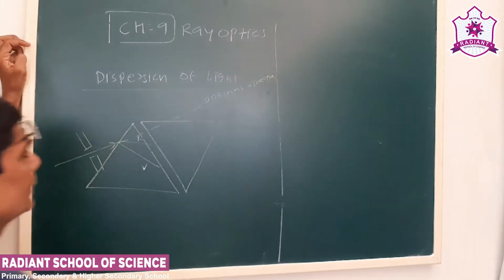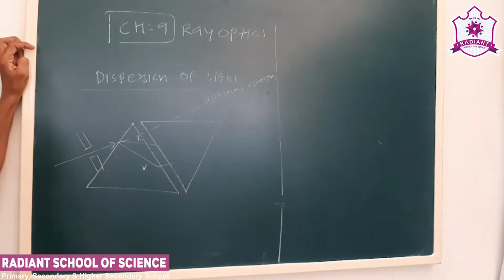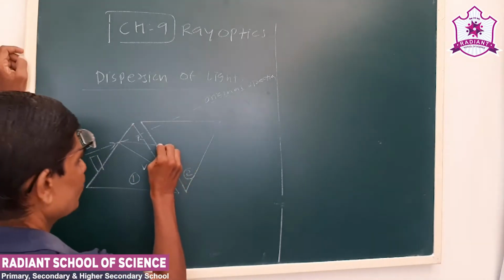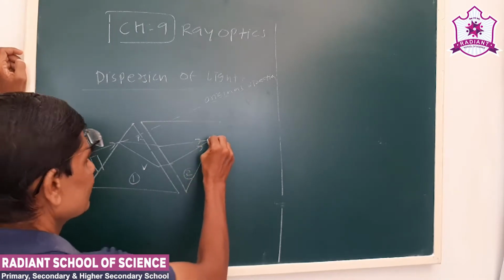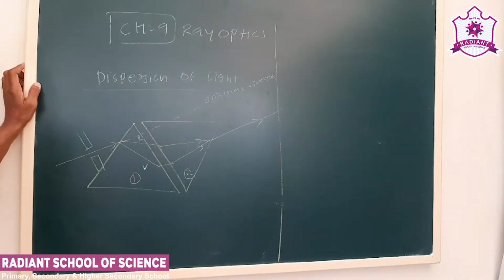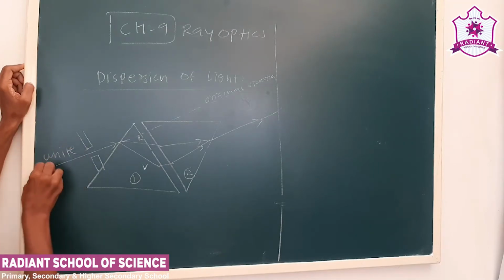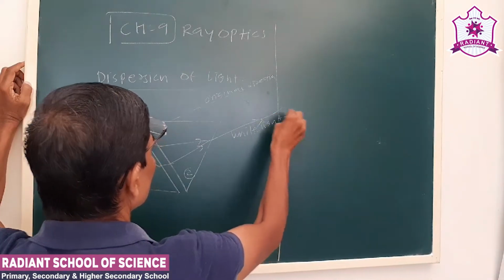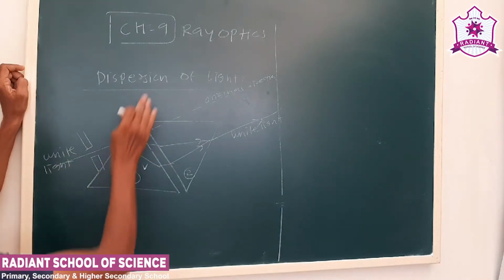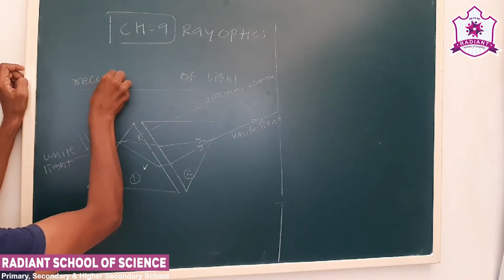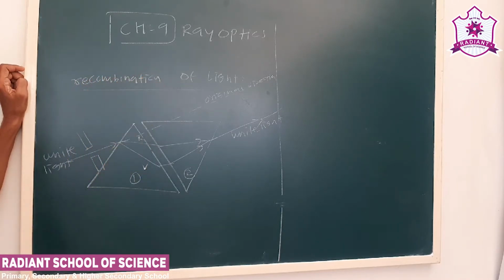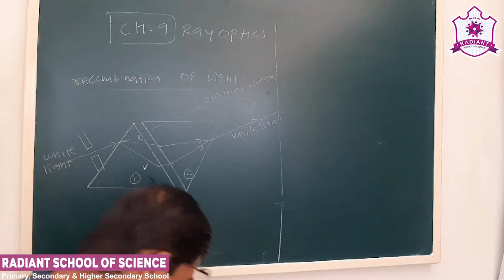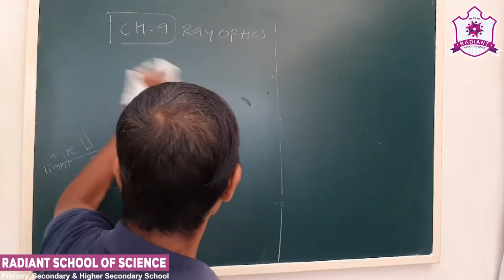When it is incident on a second prism, which is kept inverted with respect to the first one, they will recombine and we will get white light again. This is called recombination of light. Again we can prove that these two rays are parallel. So this is about dispersion and recombination of light.